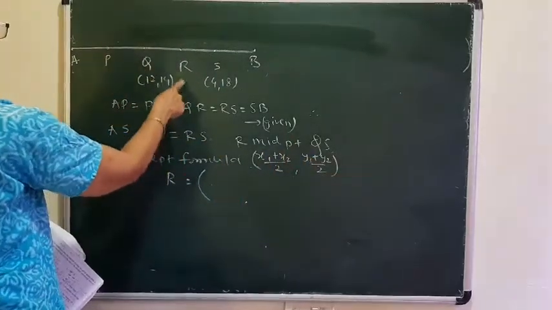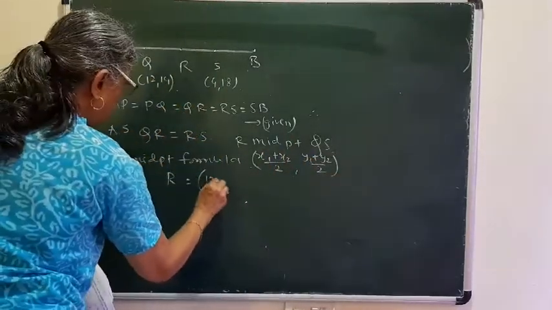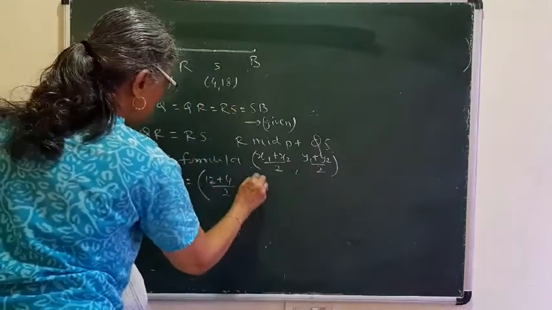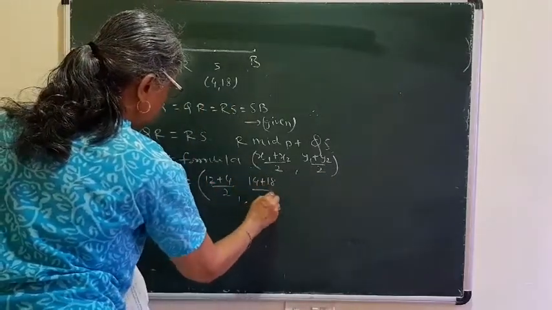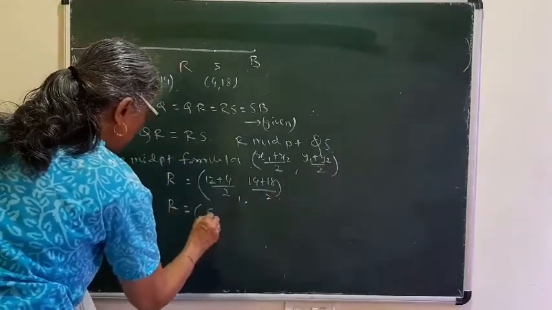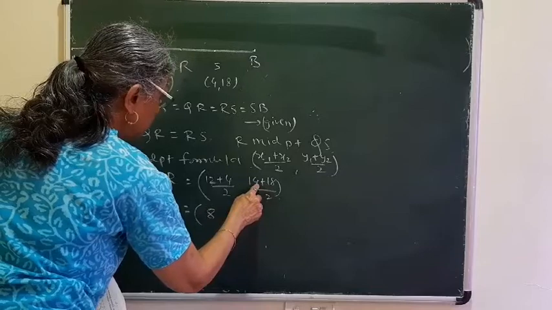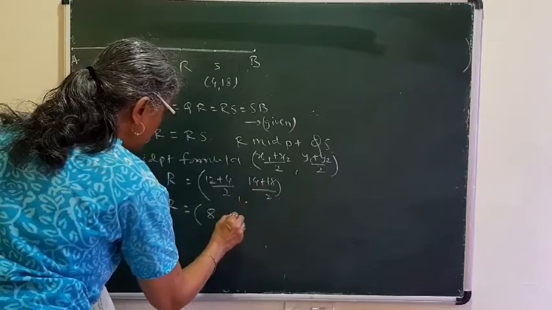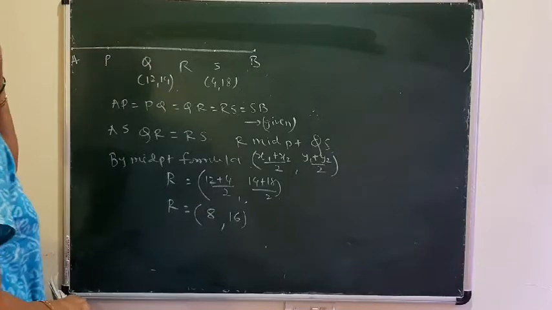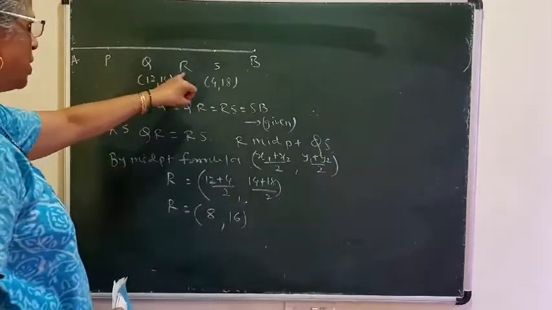So here for R, 12 plus 4 upon 2 comma 14 plus 18 by 2. So coordinates of R are 16 by 2, 8, comma 14 plus 18 will be 32 divided by 2 will be 16. Got it? So these are the coordinates of point R.